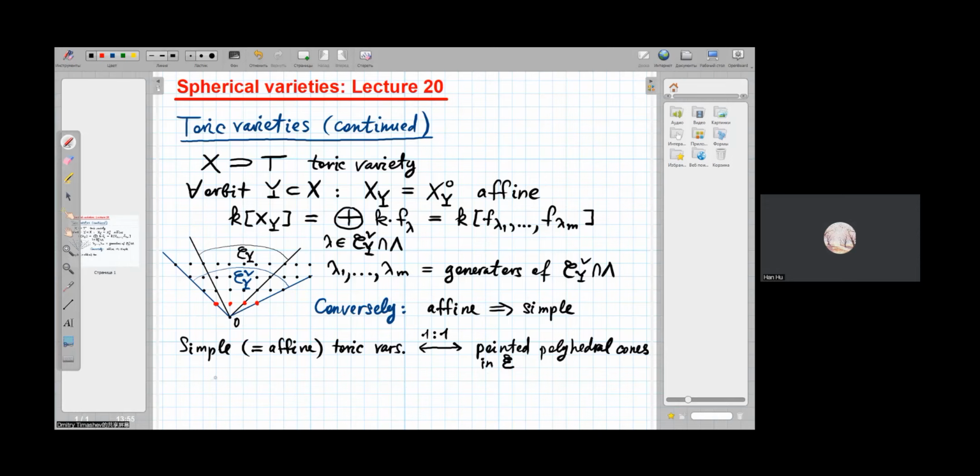As for general toric varieties, so arbitrary toric varieties, again, it follows from the general theorem that arbitrary toric varieties are in a one-to-one correspondence with colored fans in this vector space.